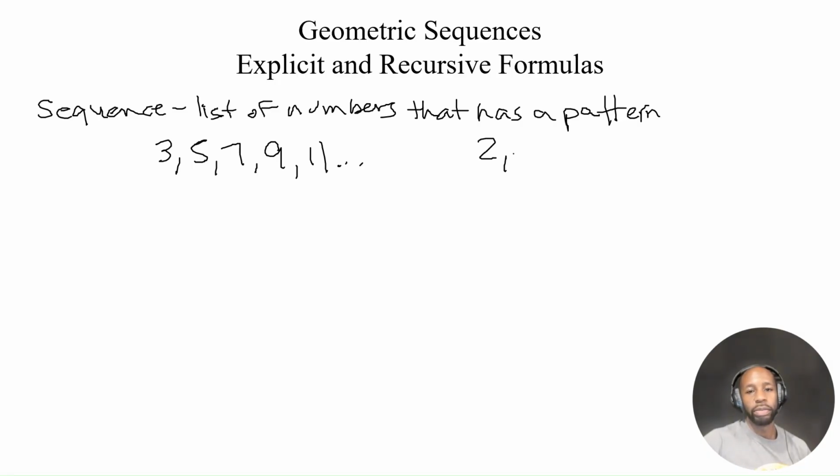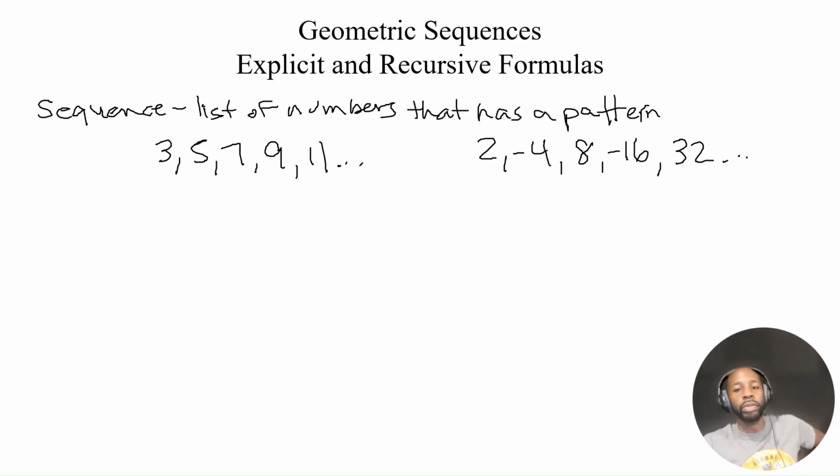There's another one. Now this first sequence here is what you would refer to as an arithmetic sequence. We're not talking about those here. I've recorded another video where I talk about that.